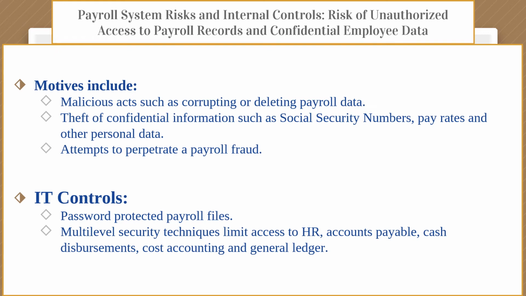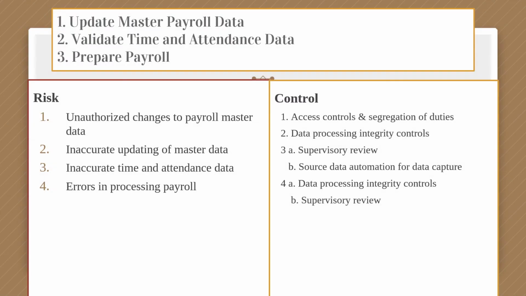And all of this, as I said, is explained in the summary table, but if you want to go through the details, you can even refer to the textbook. So here we have more details explaining the risks and the controls.